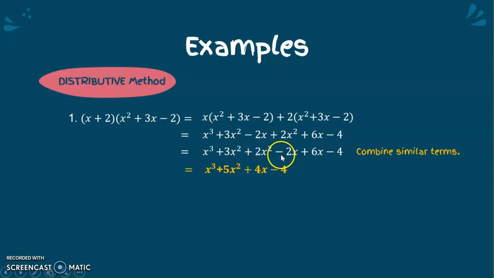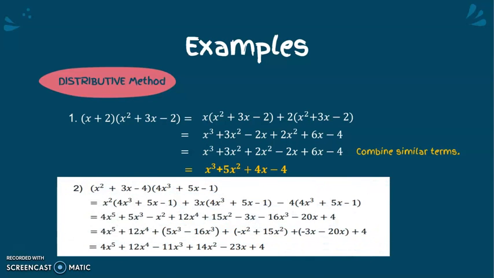And here, negative 2 plus 6, unlike signs, so we subtract, 6 minus 2, 4, copy the sign of the number with the greater absolute value, so positive or plus, and then copy variable x, then copy minus 4. So, the answer is x cubed plus 5x squared plus 4x minus 4. Okay, so that is how you answer it.